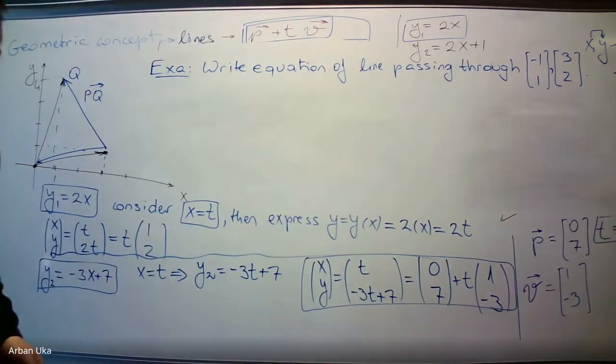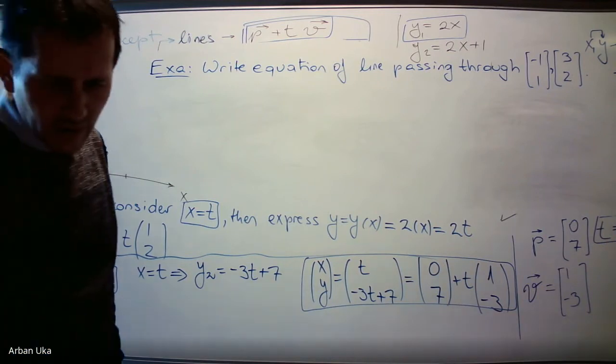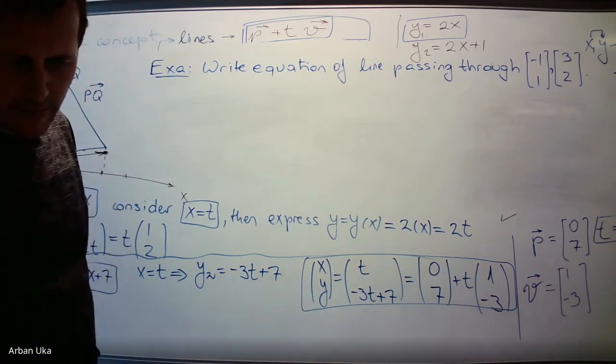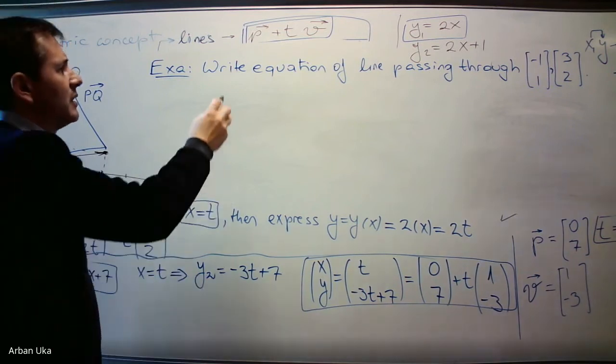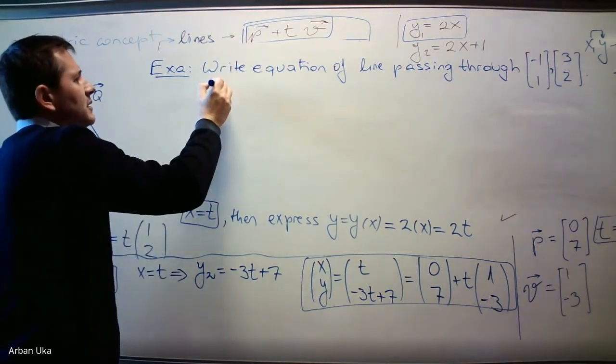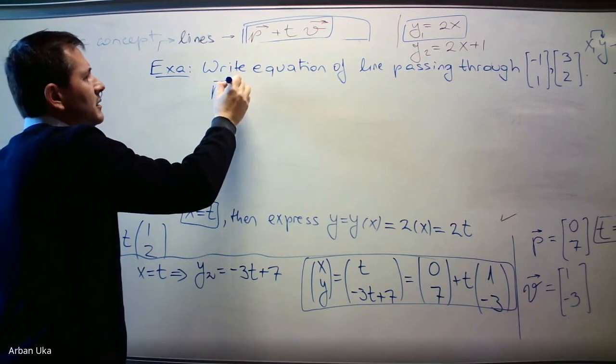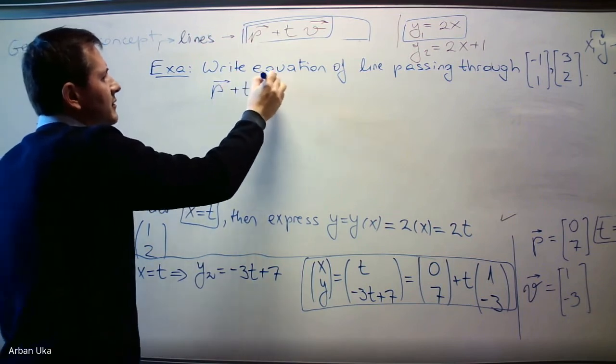This is the question. We need to determine the equation of the line that passes through these 2 points. What is the general expression for the equation of a line? It is P plus tV.